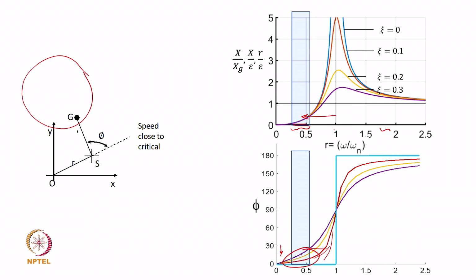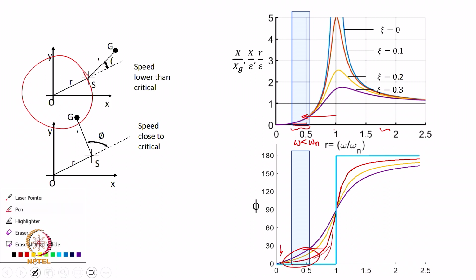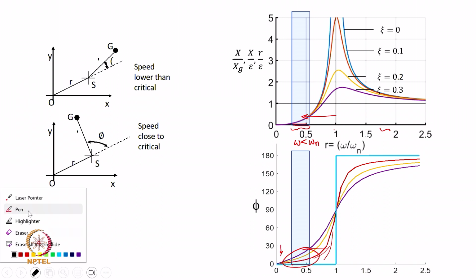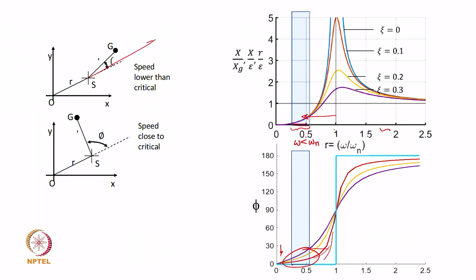If it operates in the subcritical region, meaning that the speed of rotation omega is less than omega n, that is what this shaded area represents. We have discussed in the previous slide that the force and the response have an acute angle between them. So, this is capital X and this is your force, and the angle here is phi, which is an acute angle.